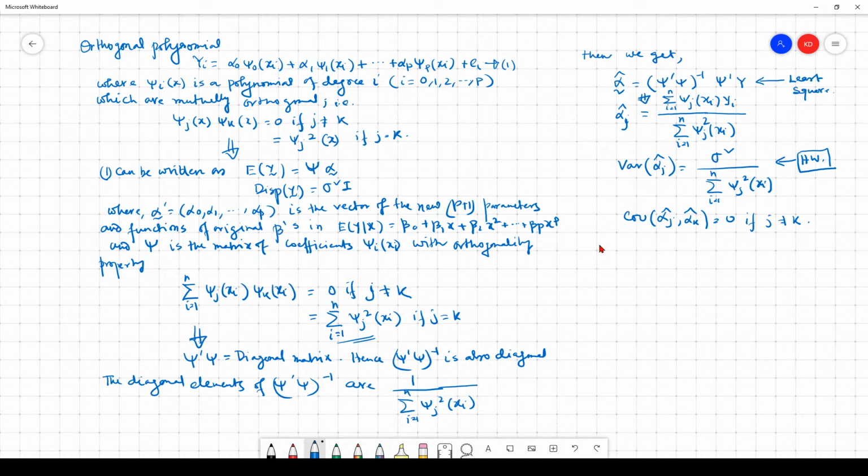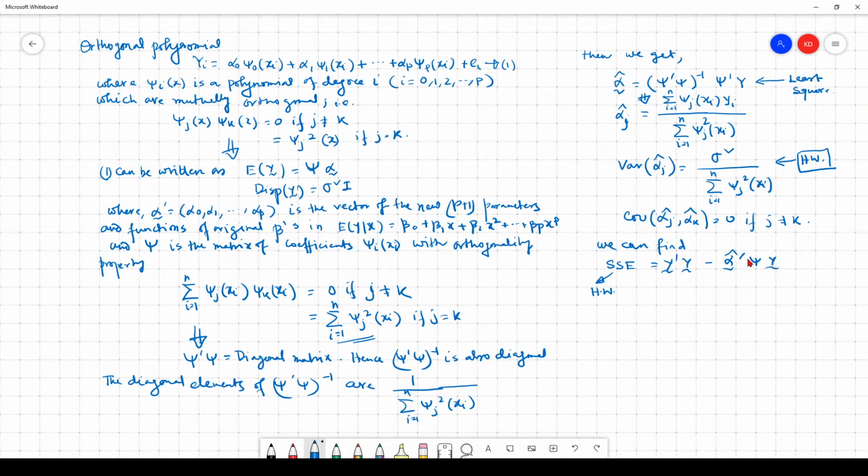Similarly, you can find SSE, sum of squares due to error. Please check, this is another homework, which is equal to y prime y minus alpha curl prime psi prime y curl.